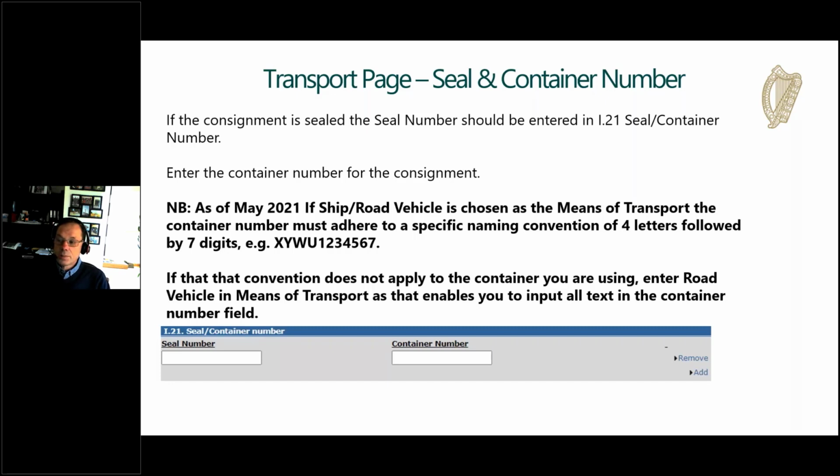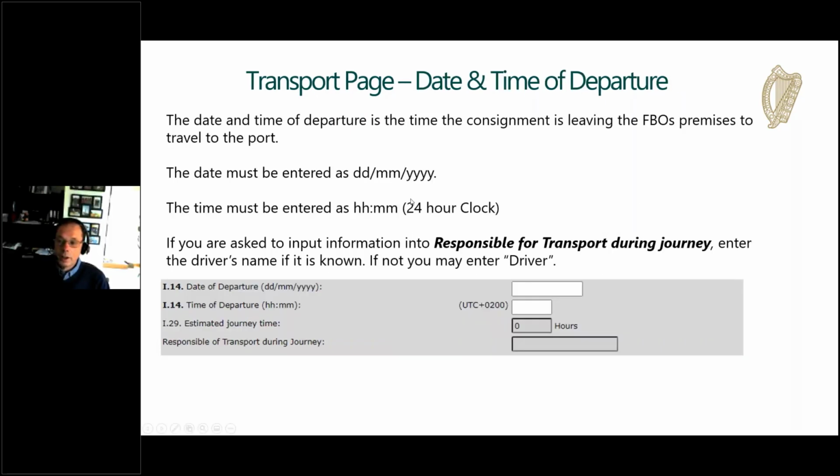On the transport page, the date and time of departure is the time the consignment is leaving the FBO's premises to travel to the port. The date must be entered as follows: day, month, and year. The time must be entered on the clock in a 24-hour clock format. Now, I myself am guilty of doing this.